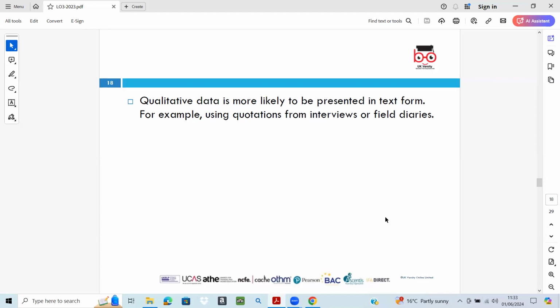We can use direct quotes, incorporating direct quotes from interviews, focus groups, or observations to provide authentic voices and perspectives of the participants. We have contextualization. It is like introducing and contextualizing the quotes to explain their relevance and connection to the research topic.